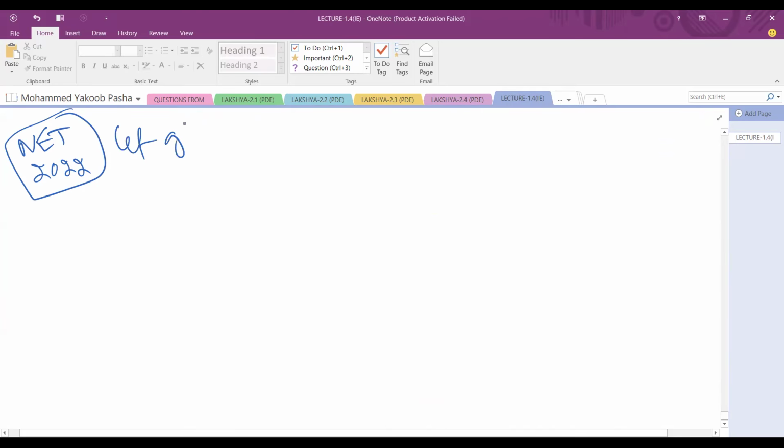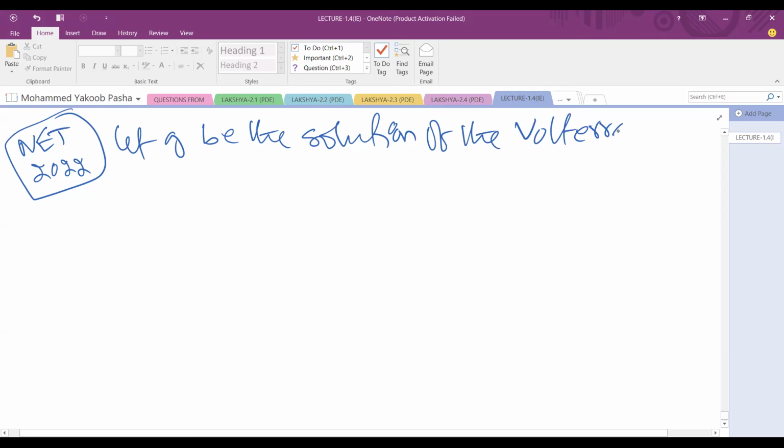Let G be the solution of the Volterra integral equation. Volterra type annadu. I'm sorry. Volterra type integral equation.